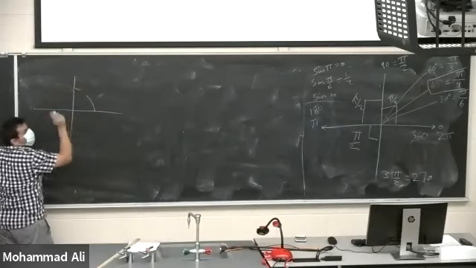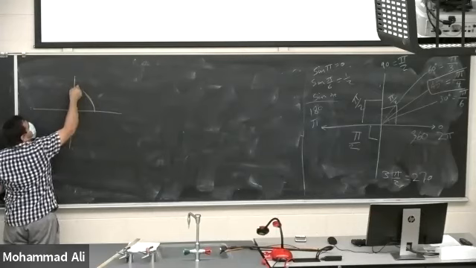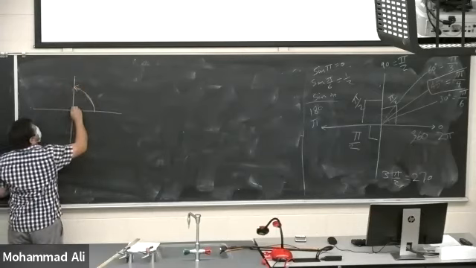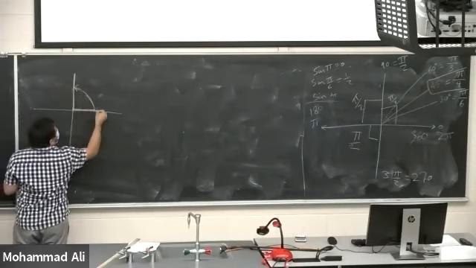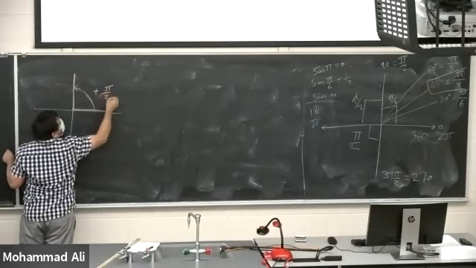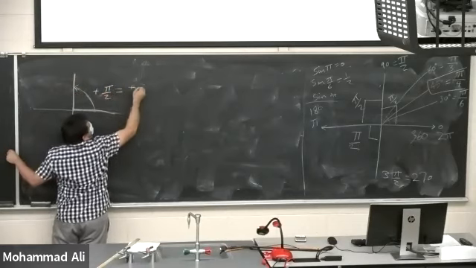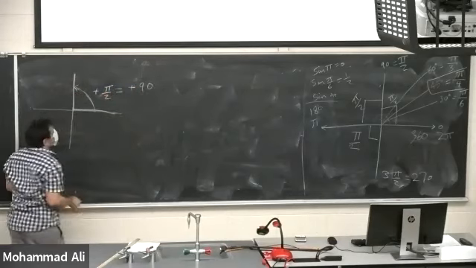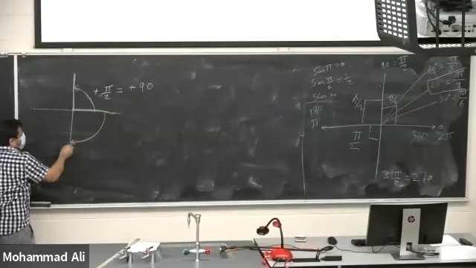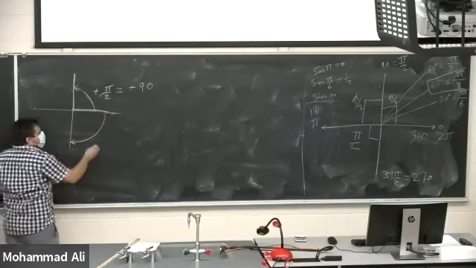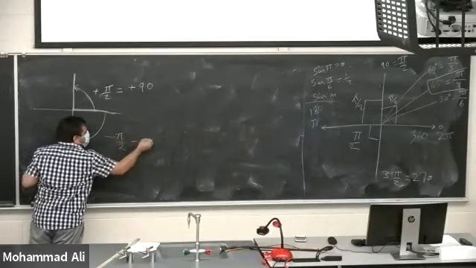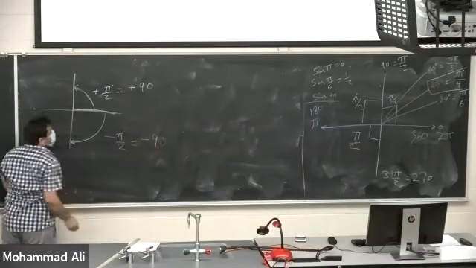If I need to measure this angle, this is plus pi over 2 or plus 90. If I need to measure this angle, it is negative pi over 2 or negative 90.